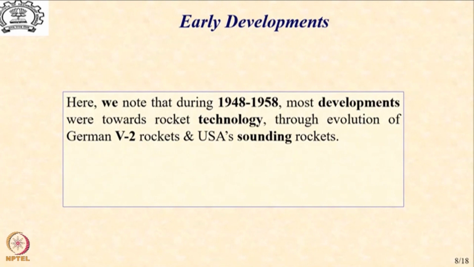These things continued in the experimental form until we reached the decade 1948 to 1958, where the evolutions were a lot more focused, particularly with German V2 rockets and USA's sounding rockets, which came into being and became quite popular and visible.